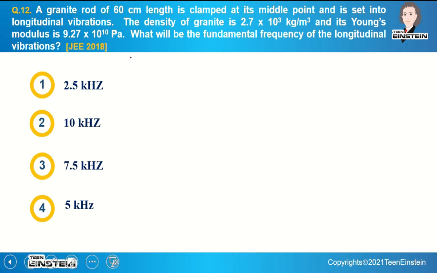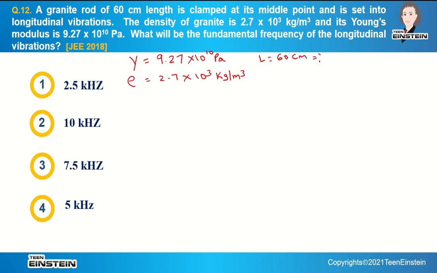Here they have given the Young's modulus value as 9.27 into 10 power 10 Pascal, and the density rho value as 2.7 into 10 power 3 kilogram per meter cube. The length they have given as 60 centimeters, which is equal to 0.6 meters.